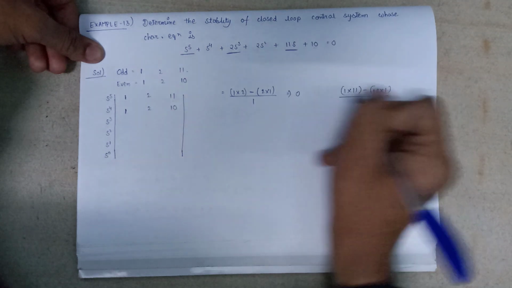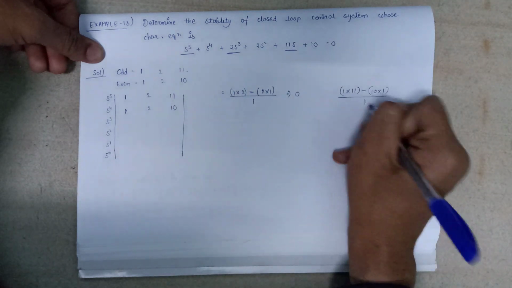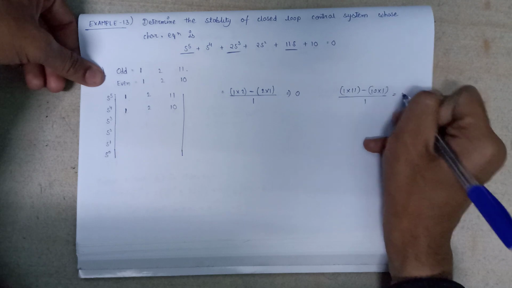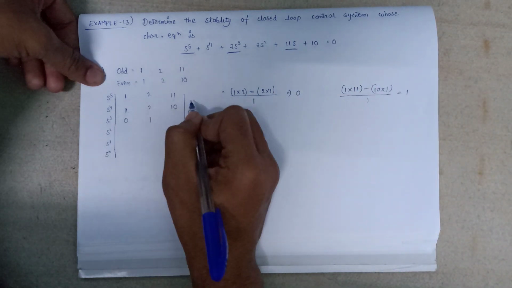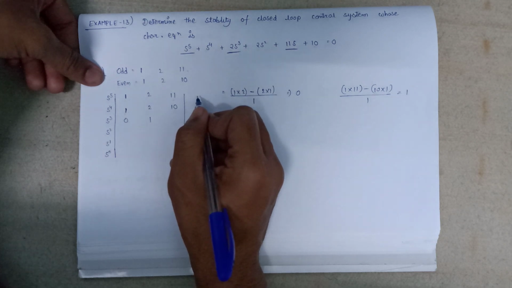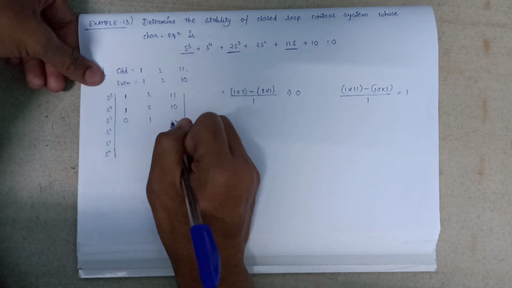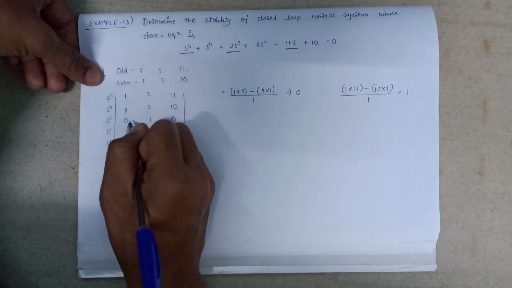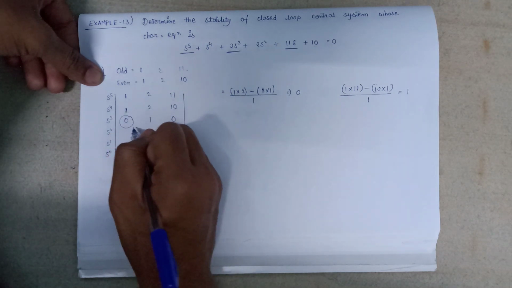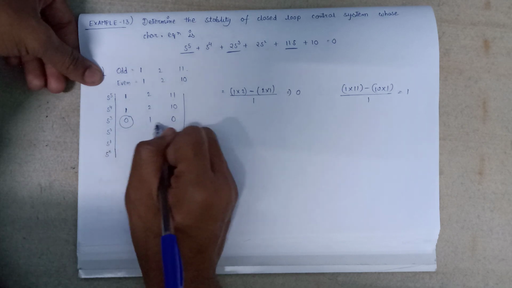The whole thing will be divided by 1. So we will get 1 as the output. No other column is remaining for further multiplication, so we will simply write 0 here. We notice that 0 appears as the first element of this row.